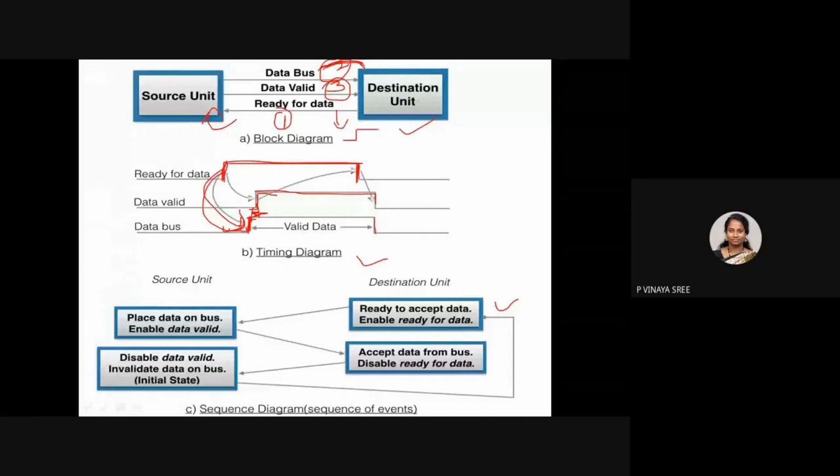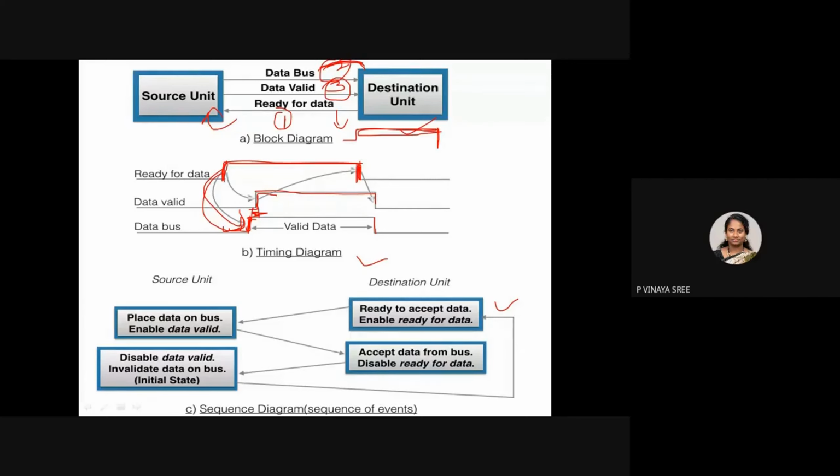When this is disabled, it indirectly gives information to the source that the data which you placed on the data bus, I have received. So you can invalidate that. Once this is disabled, the destination unit is telling the source unit that I have received the data that you placed.